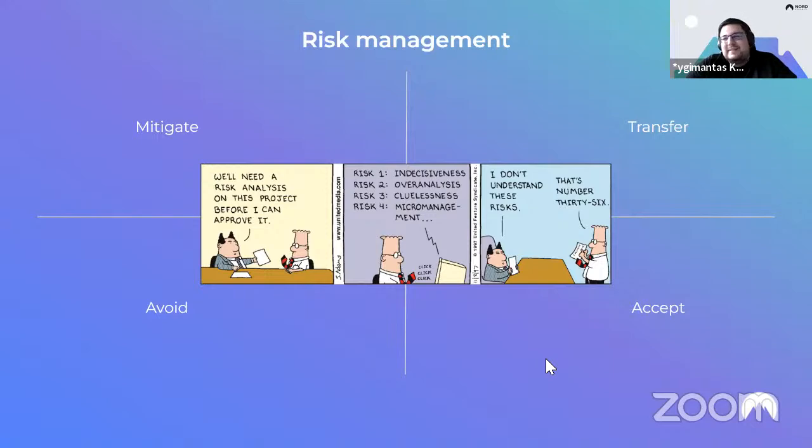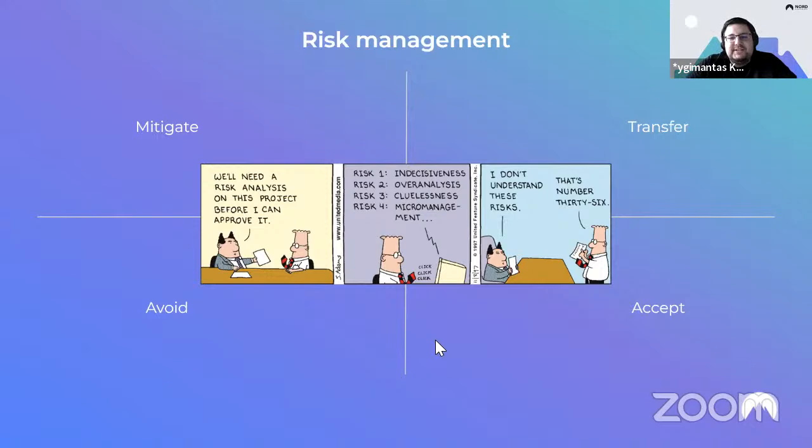If you have some functionality that is not so secure, just throw it out. Basically, avoiding means that you drop the part which seems vulnerable in one way or another. And the last, but definitely not least, is to accept the risk.